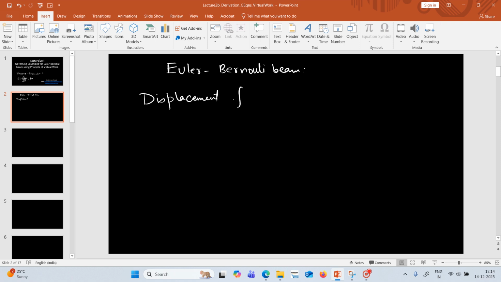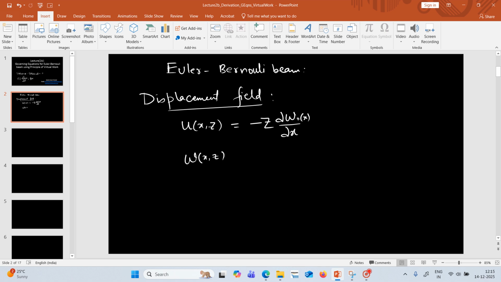U of x comma z equals minus z times del w naught of x by del x, and the transverse displacement w of x comma z equals w naught of x. We found this using the assumptions in the first lecture.